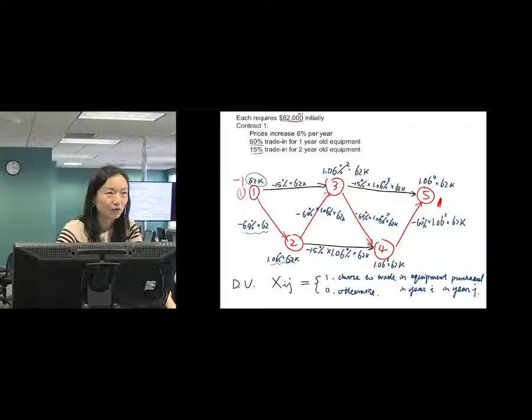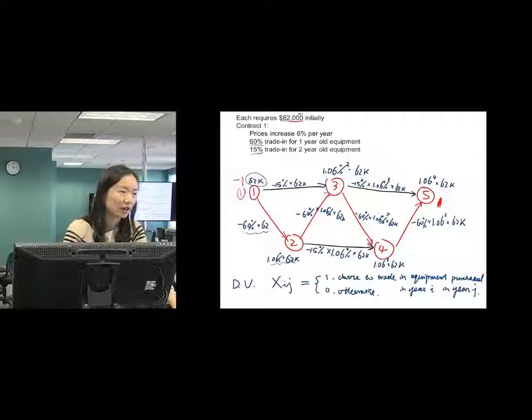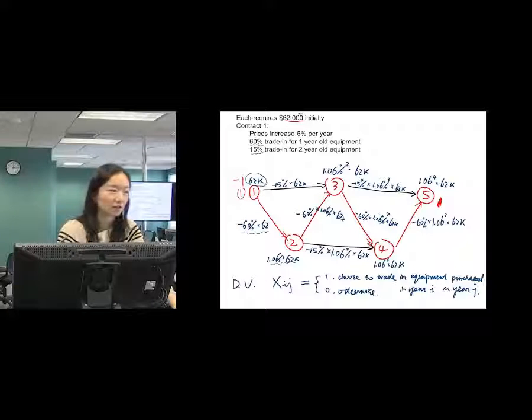I actually had one student formulate this problem using integer LP, the ILP, integer linear programming, which we'll talk about at the end, in chapter 6.